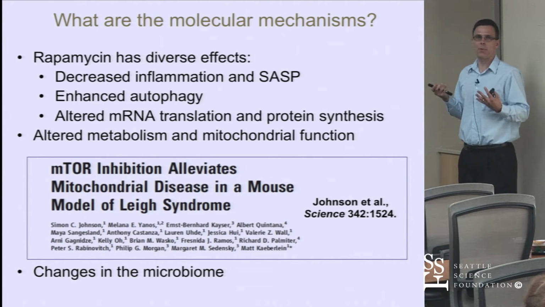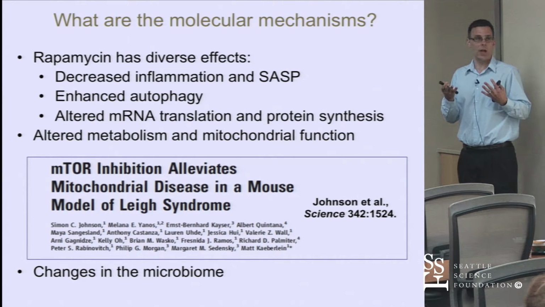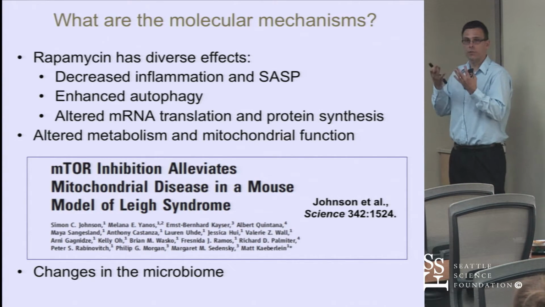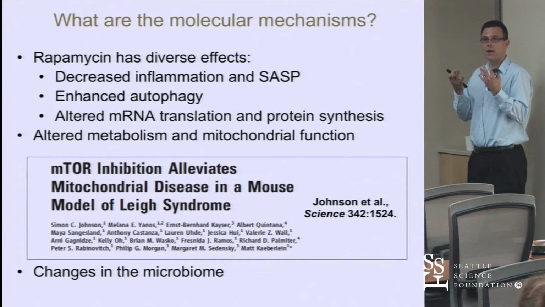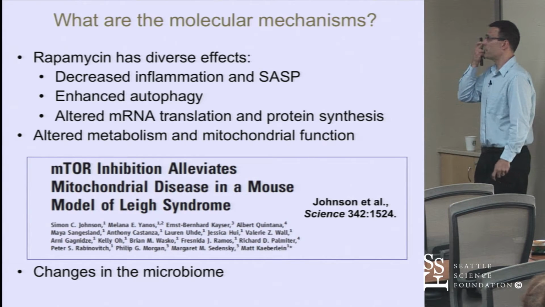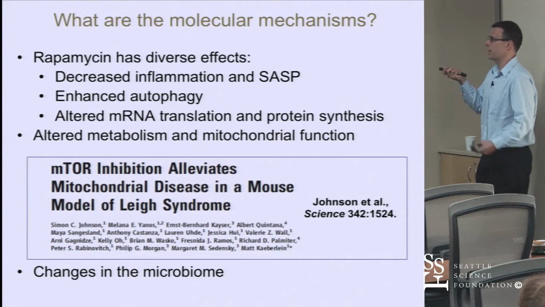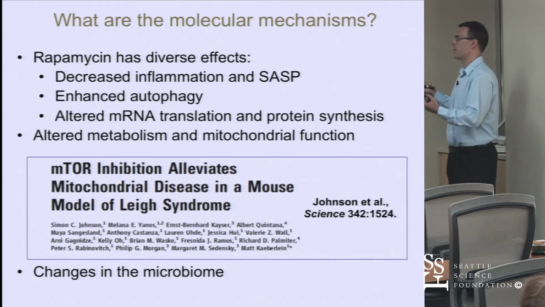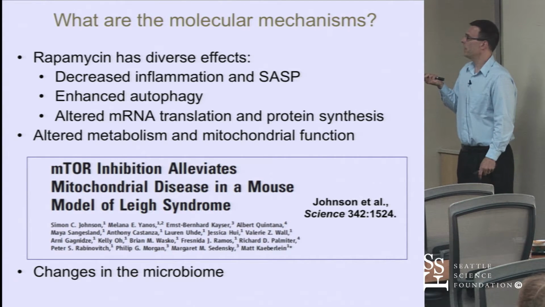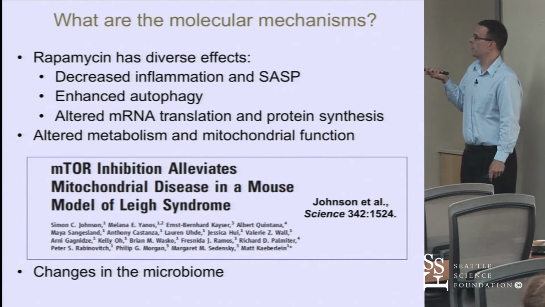Intracellularly, we know that rapamycin turns up this pathway called autophagy that's involved in breaking down damaged macromolecules, including entire mitochondria. And there's lots of evidence in the literature that that's probably involved. Rapamycin also affects protein synthesis and mRNA translation.